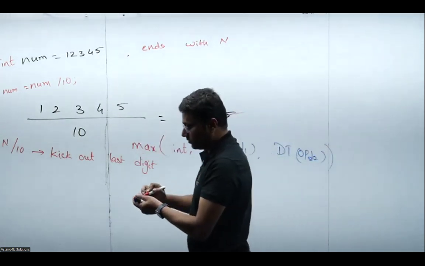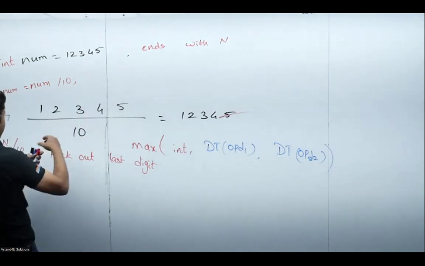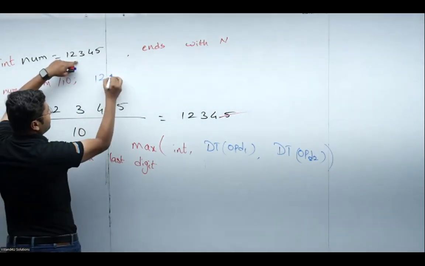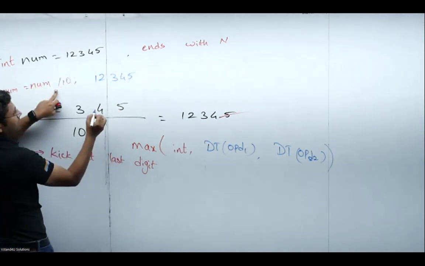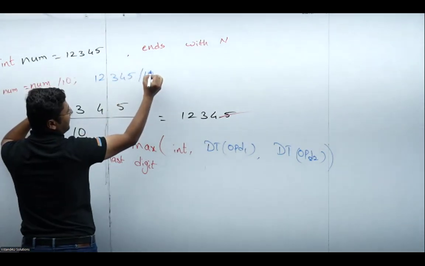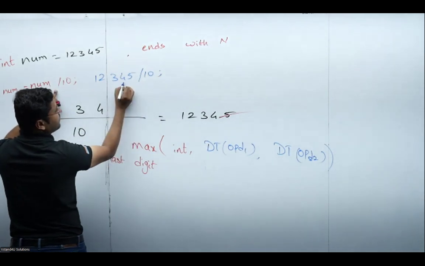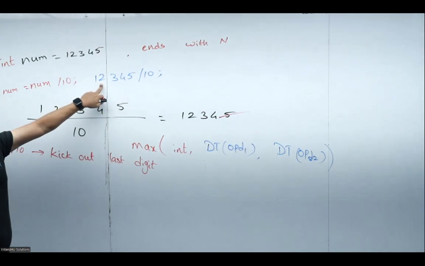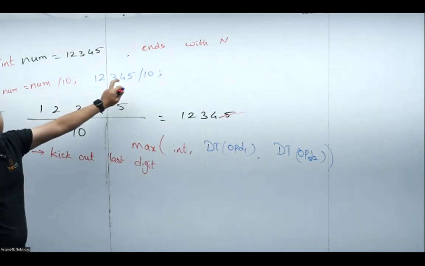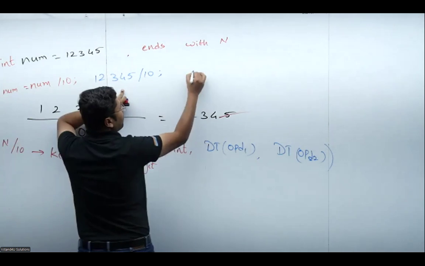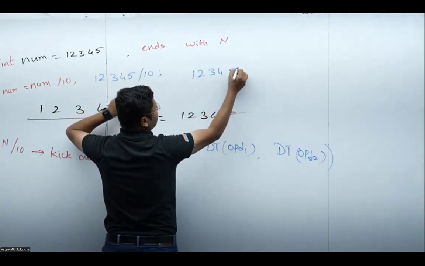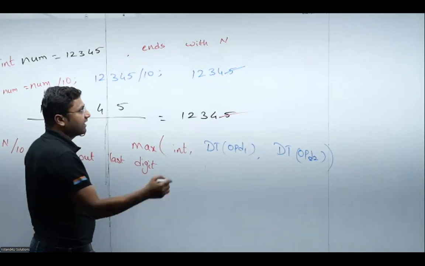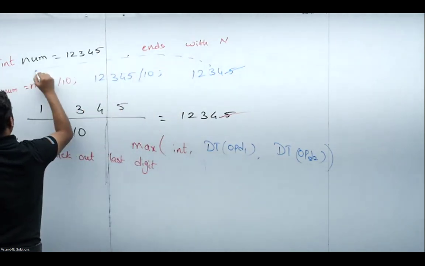Let me explain. If I write it here, what is the value of num? Divide by 10. Agree? Data type int divided by int, resultant also will be int. Now, the mathematical value of this will be 1234.5. Because of integer, 0.5 is discarded. Whatever number comes is stored.